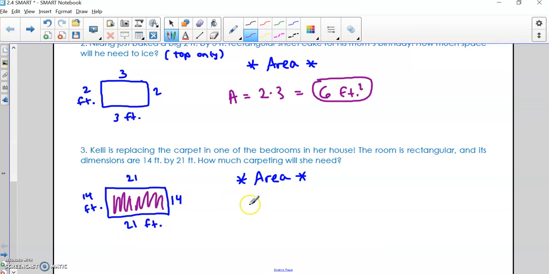So, because we're finding area, we can do length times width, so we got 14 times 21. And 14 times 21 is going to give us an area of 294 square feet, or feet squared. Alright, and then we are done. That is all for today.